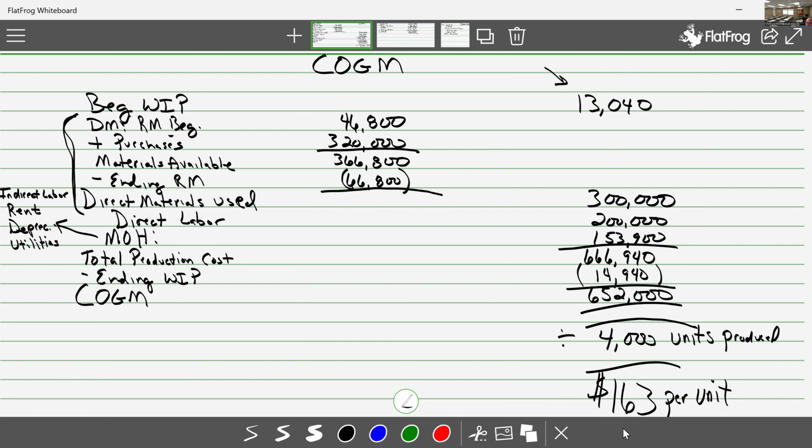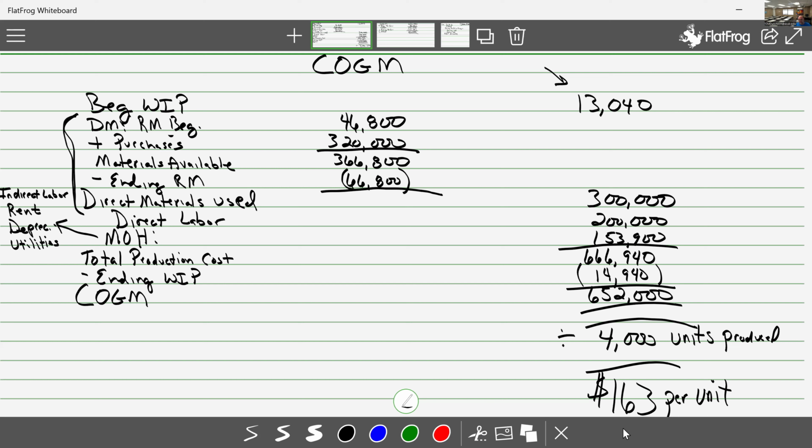We add to that our purchases of 320,000. This tells us how much materials we had available to use in the period. From that, we subtract out our ending raw materials of 66,800, and that tells us that we used $300,000 of materials throughout the year. So that is our direct materials used.